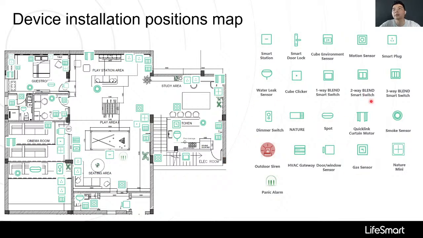On the right, they are device graphic symbols. So it's very intuitive to look over this device positions map. You can find directly what you have added and what the device required in each area or each room.